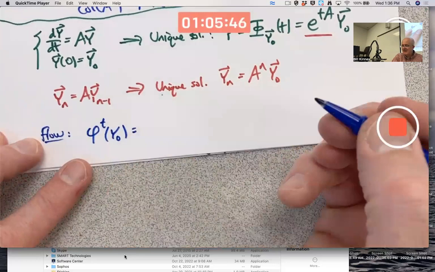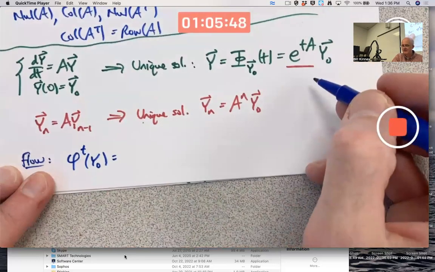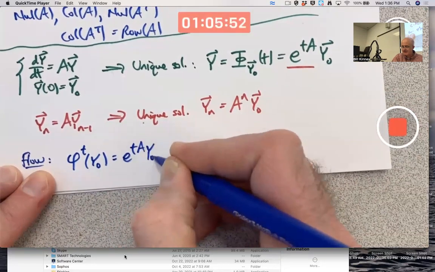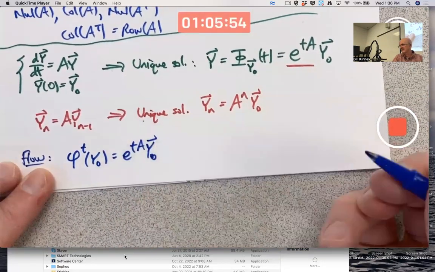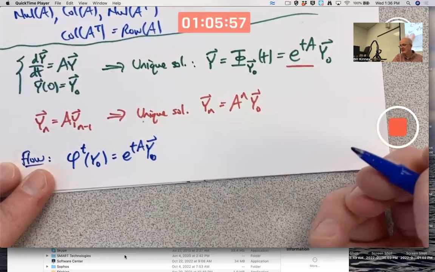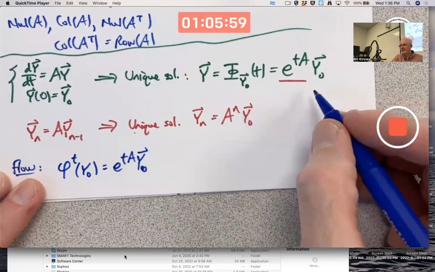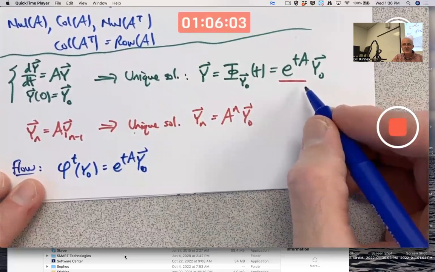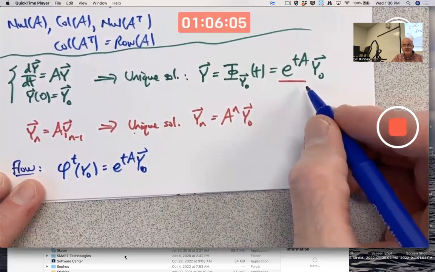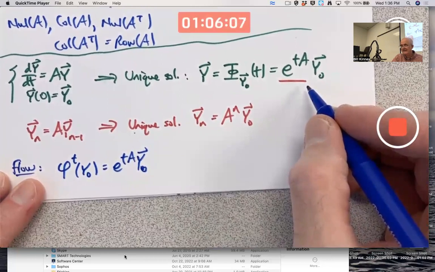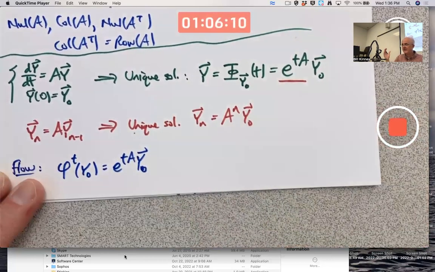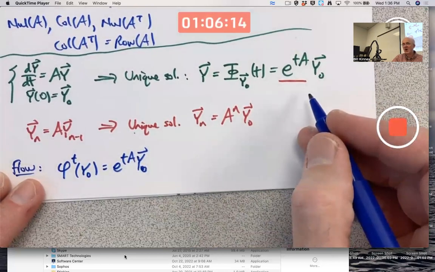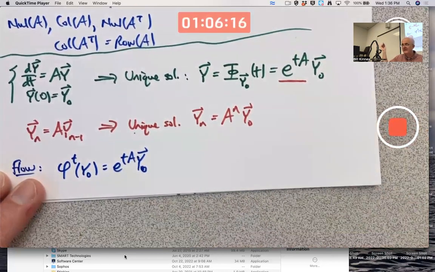It's the exact same formula as the solution. You still use the matrix exponential, e to the tA times y0, the exact same formula. You just think about it differently. Here we think of y0 as fixed and t is the variable, giving us a parametric curve in the plane for the two-dimensional case, in three-dimensional space for the three-dimensional case, in n-dimensional space for the n-dimensional case, a curve moving around as t increases.